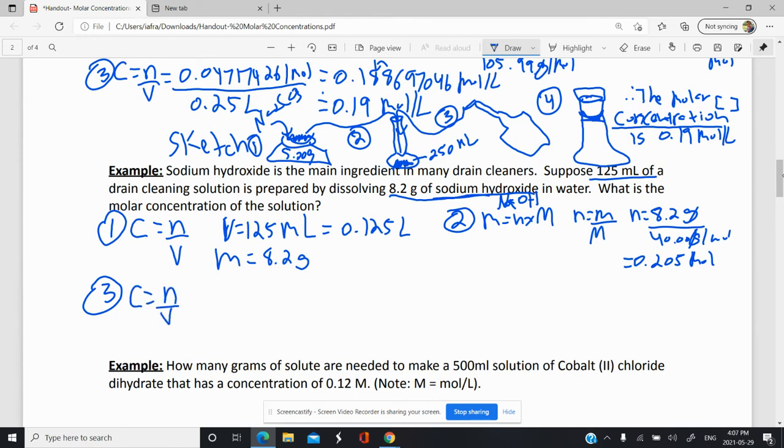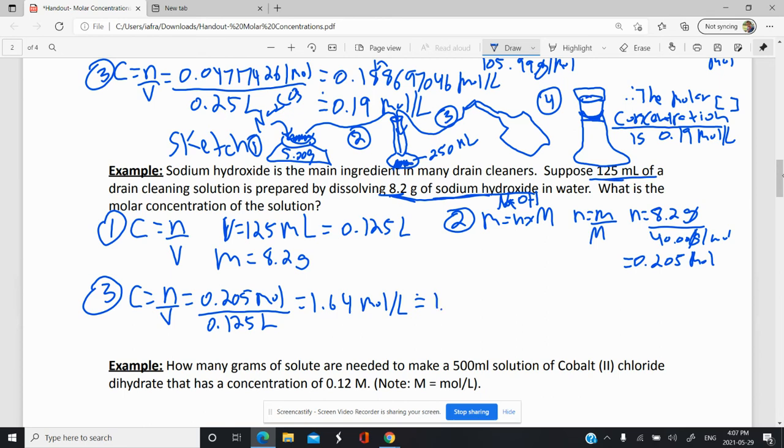So now that we have that, we can go ahead and do C is equal to n over V, which is equal to 0.205 moles over the 0.125 liters, and dividing by 0.125, we get 1.64 moles per liter. And I think we need it to 2 sig figs, because this is 2 sig figs here, this is 3.